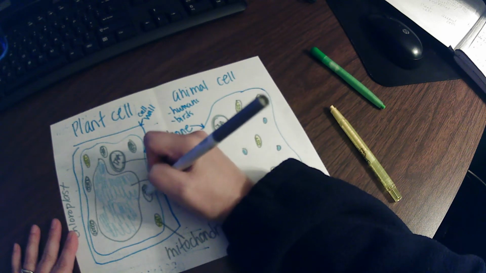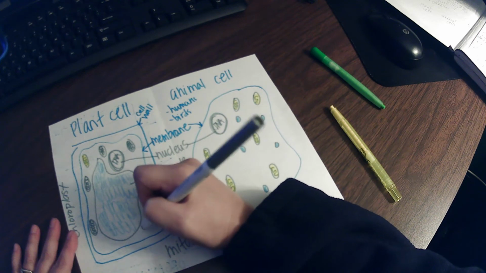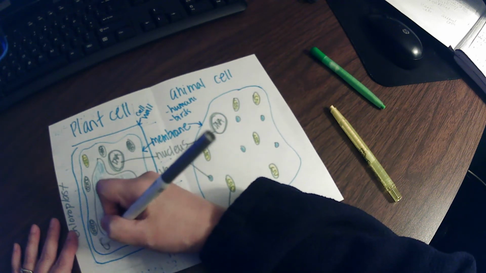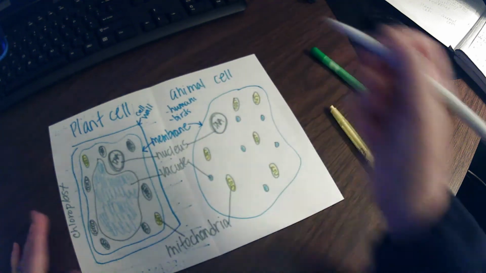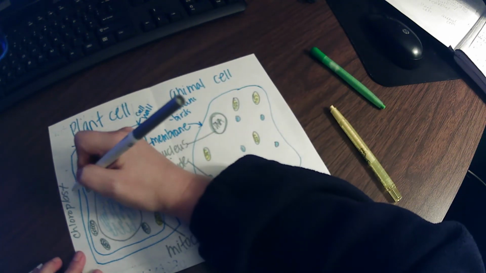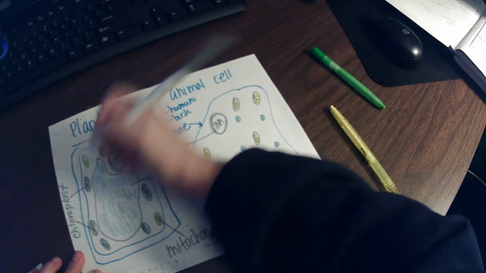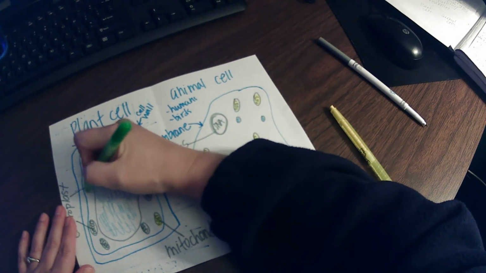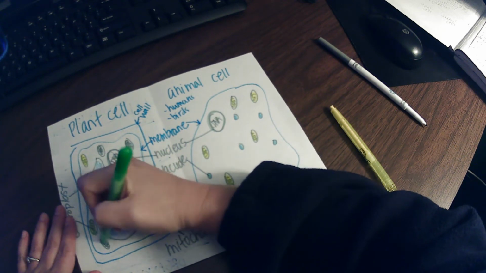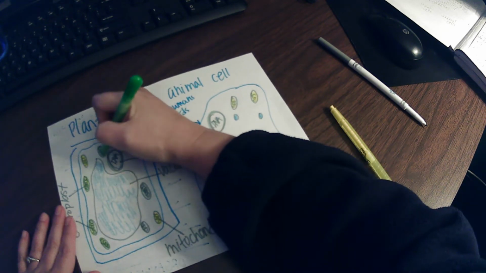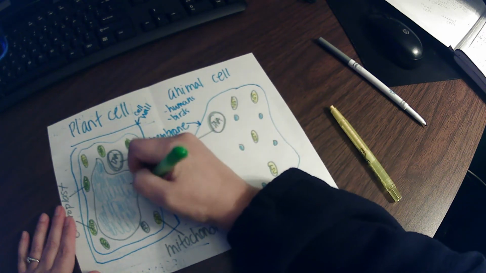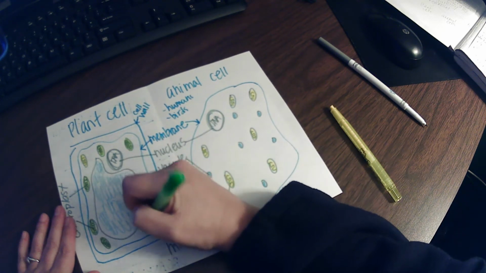And they have a bunch. Okay. And I'm going to color these green to help me remember that they are green. And they're green because it has chlorophyll. Chlorophyll is green, and chlorophyll is what absorbs the sunshine for photosynthesis.